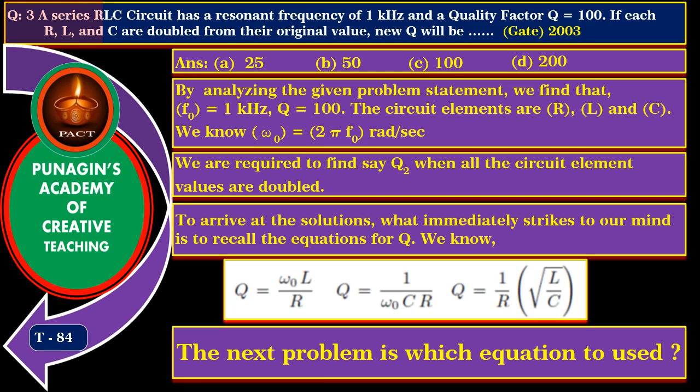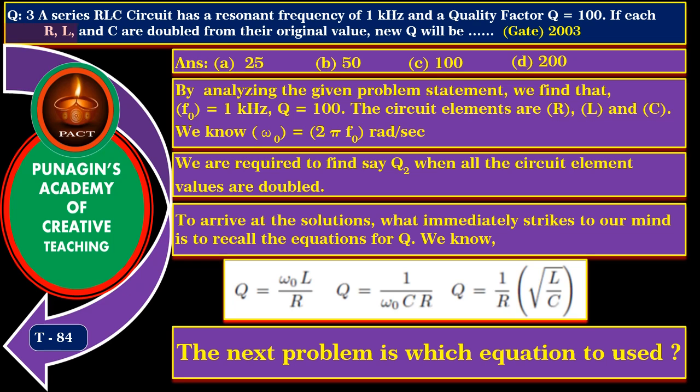Friends, next we shall solve question 3, in which it states, a series RLC circuit has a resonant frequency of 1 kHz and a quality factor of Q is equal to 100.